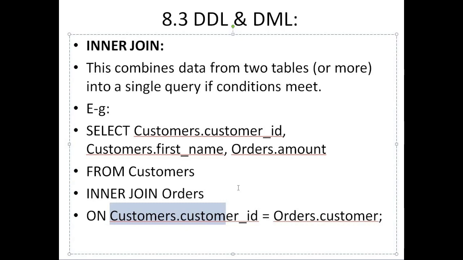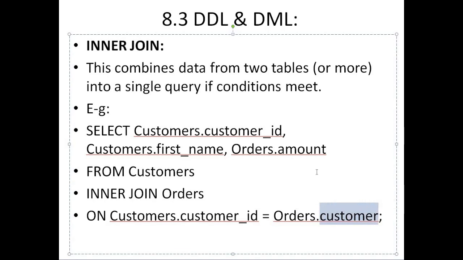Normally this is primary key and foreign key, and we can write it like this: on customers.customer ID equals orders.customer. So basically in the customers table we have the primary key, the customer ID, and in the orders table we have it as a foreign key.